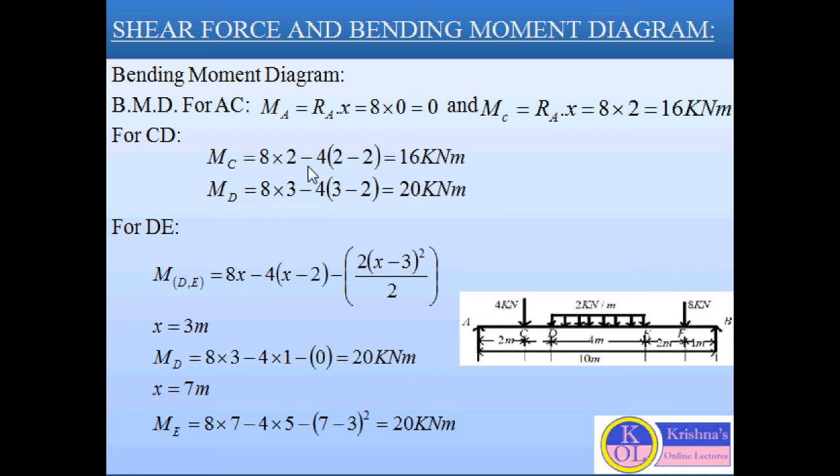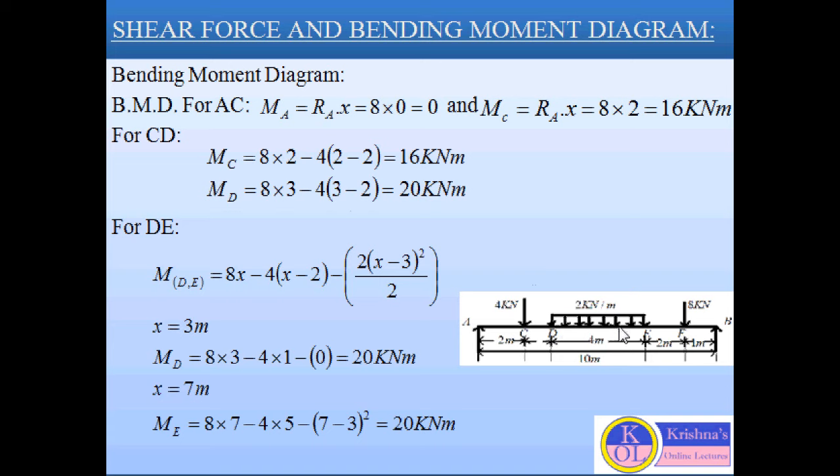If we put the value of X as 2, the bending moment at point C will be 16 kilonewton meter again. But at point D the value of X is 3 meters, so the bending moment at point D will be 20 kilonewton meter.